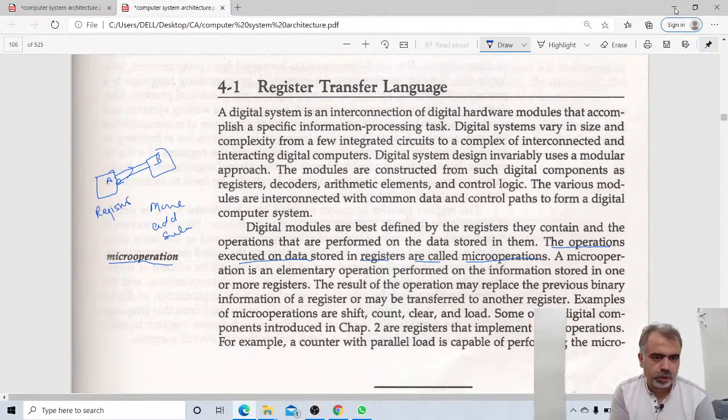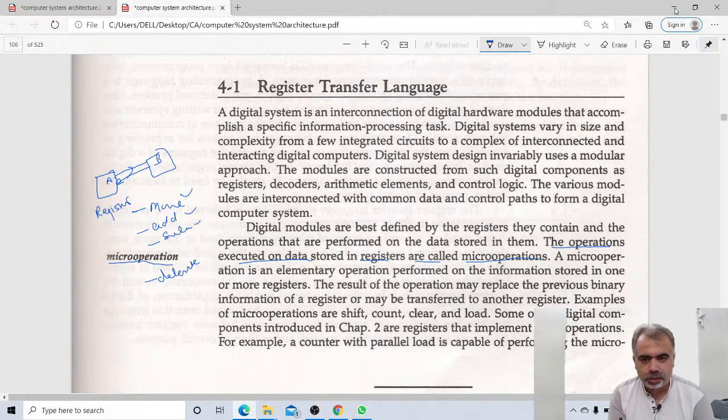If there are two registers, we move the data, we add the data, we subtract the data, we delete the data. There are so many operations, and individually they are called micro operations.